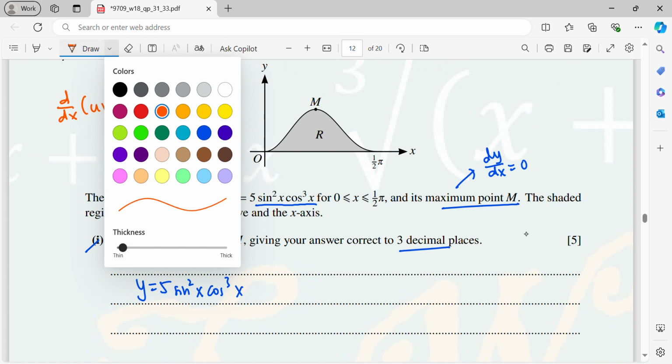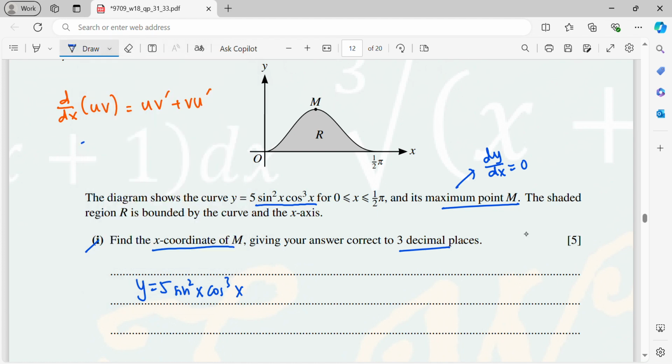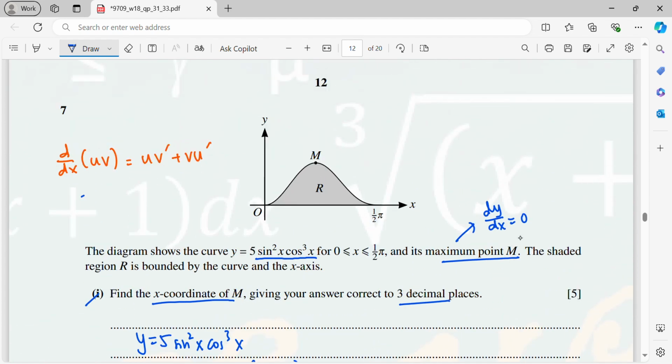Now my u is 5 sin²x, which is the same as 5 times sin x squared. When you differentiate this, we have another formula. Differentiate f(x) to the power n, that is n f(x)^(n-1) times f'(x).